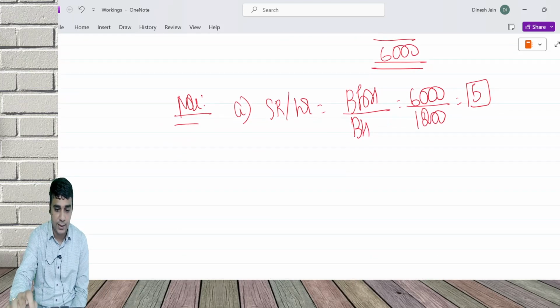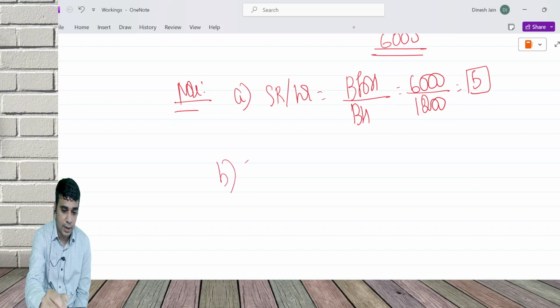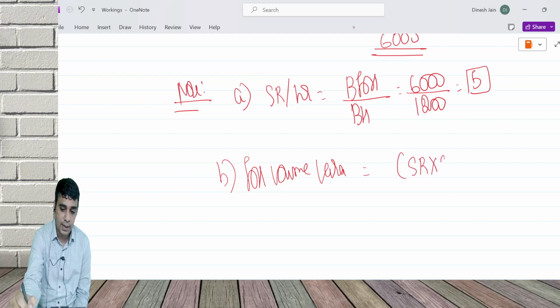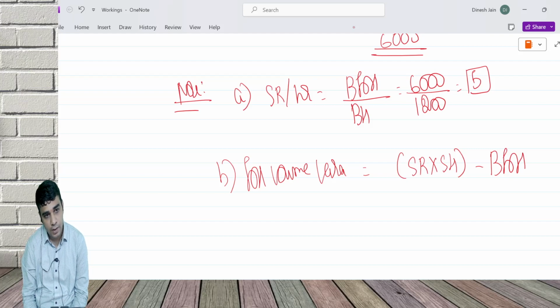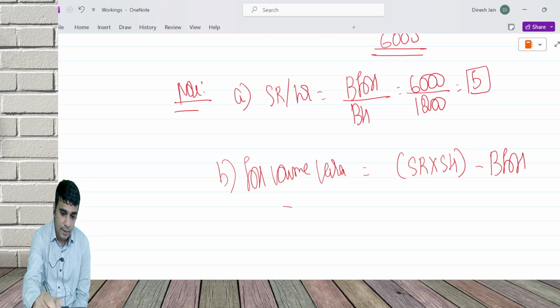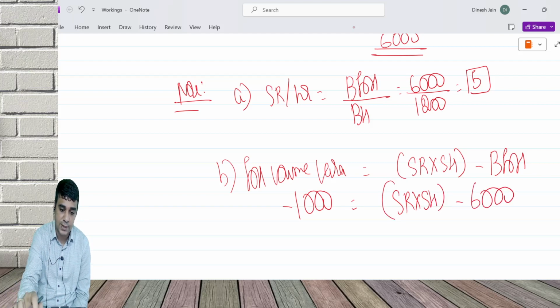Point number 2: FOH volume variance is equal to SR into SH minus BFOH. How much is the volume variance? 1,000 minus, so 1,000 is equal to SR into SH minus 6,000. Tell me what is SR into SH?